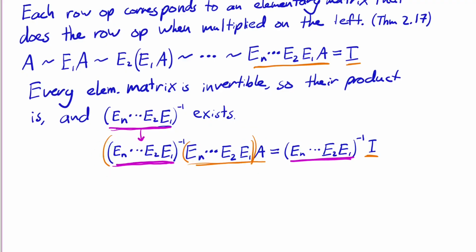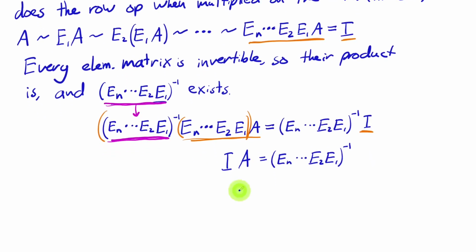We've got associative rules, so that will cancel out and give you just the identity times A equals this thing times I, and the times I doesn't change it on the right either. Or in other words, this just says A, because the identity on the left doesn't change anything. A is just equal to this. Okay, so A is the inverse of an invertible matrix.